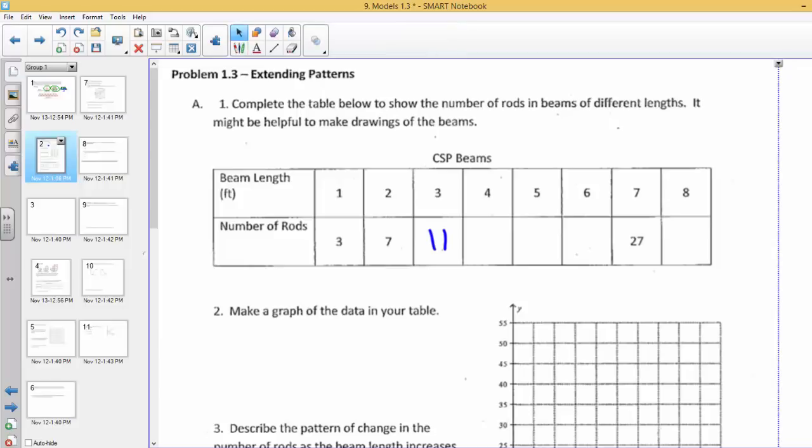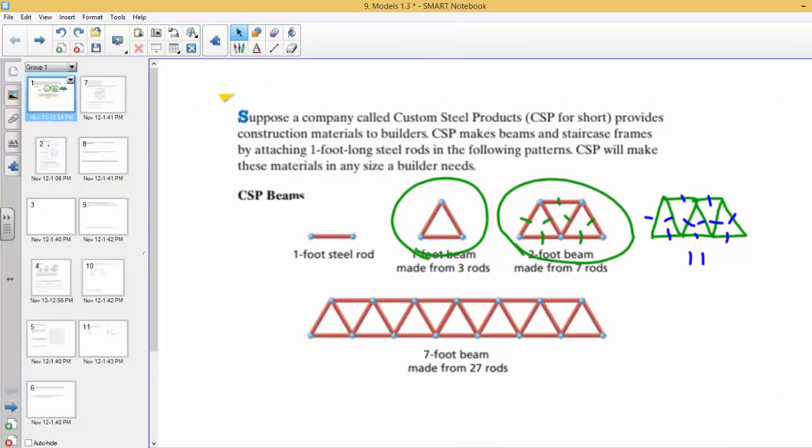And then a 4-foot beam, you would just do the exact same thing, but you would add 2 more triangles. So each time I've added this and this. So every time you're adding 4 rods. So the 3-foot beam would be 11. The 4-foot beam would be 11 plus these 4, which is 15.